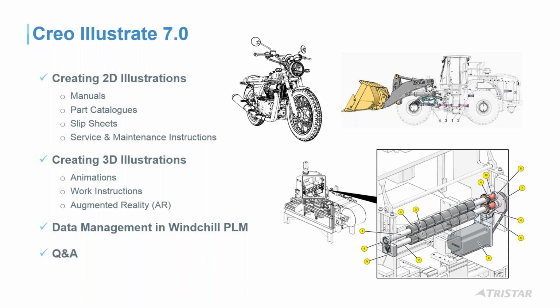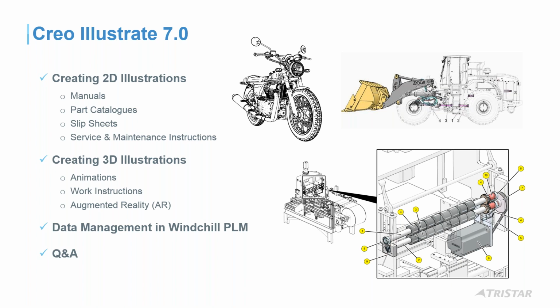I'll go through three main areas today. Creo Illustrate 7 is the latest release of the software from PTC. It's primarily used for creating illustrations, both 2D and 3D. So these could be illustrations that go into manuals, whether it's a user manual or a service manual within the organization.